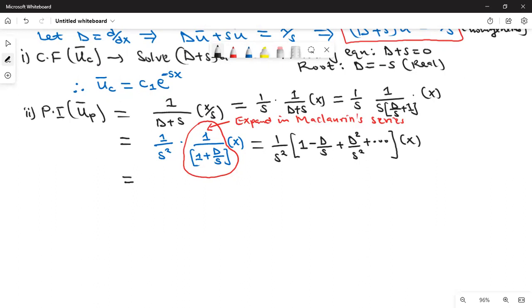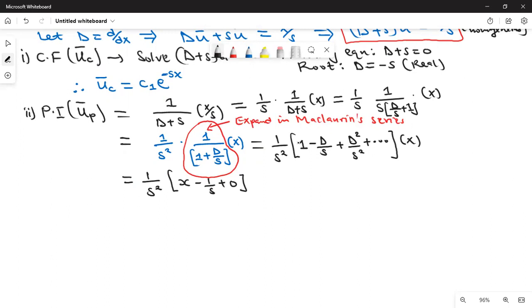So this will give us 1 over s squared. Take the x inside, we'll get x minus 1 over s plus 0. See, when you differentiate x with respect to x, you get 1. That's why we have 1 over s. The D squared operating on x will give us 0.